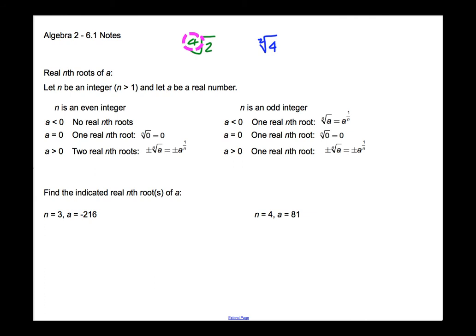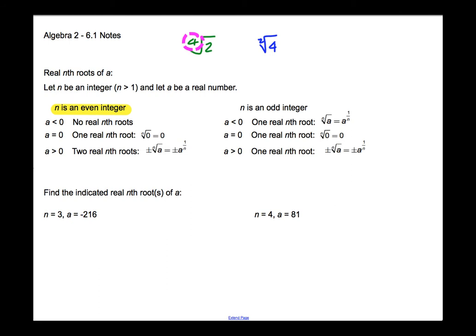And so what we're going to do is let n be an integer, and it's got to be larger than 1. And we're going to let a be a real number, so no imaginary numbers right now. Then if n is an even number, if a is less than 0, we have no real roots.